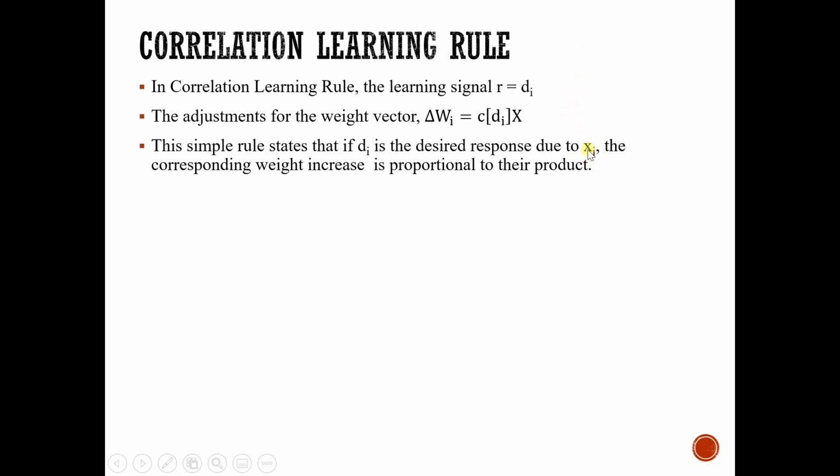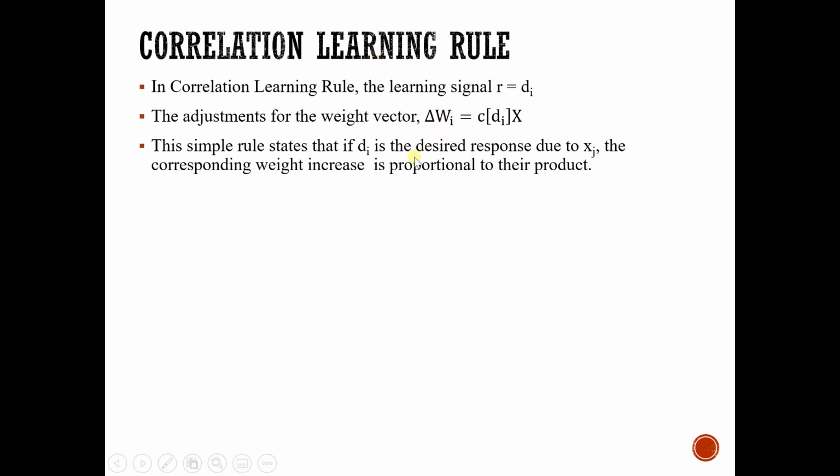Corresponding to a particular input, if the desired response is d_i, then the corresponding weight increase is proportional to their product, that is, d_i into x. So for an individual weight, for input x1, it will be d_i and x1.